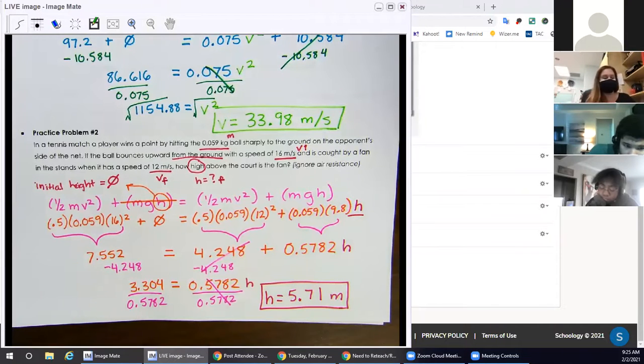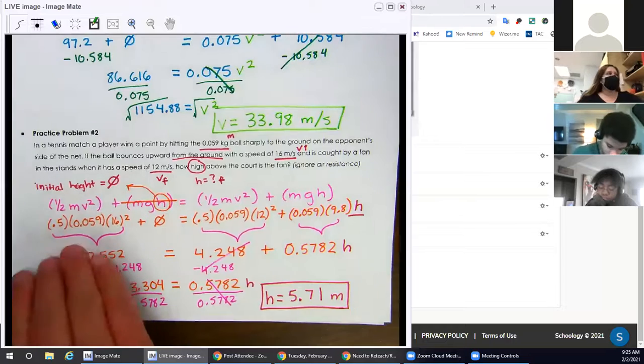All right, so I want to make sure you understand this. You're going to do the last one by yourself. I'm going to show you the answer in a minute, but I want you to try it without my help. Any questions on number 2 before we do the last problem? All right.